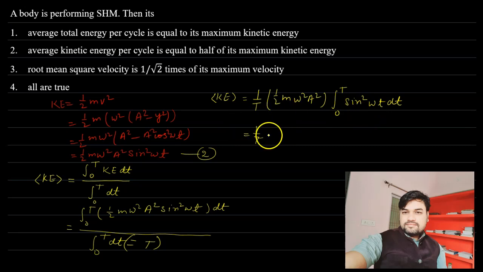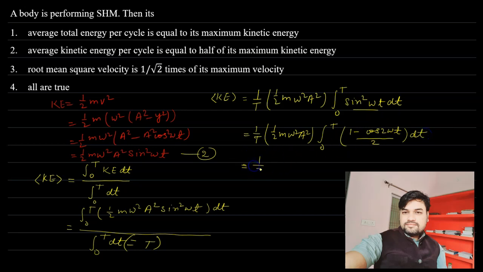1 by T, half of m omega square a square sin square. Using the trigonometric identity, we can write sin square as 1 minus cos 2 omega t divided by 2, dt.